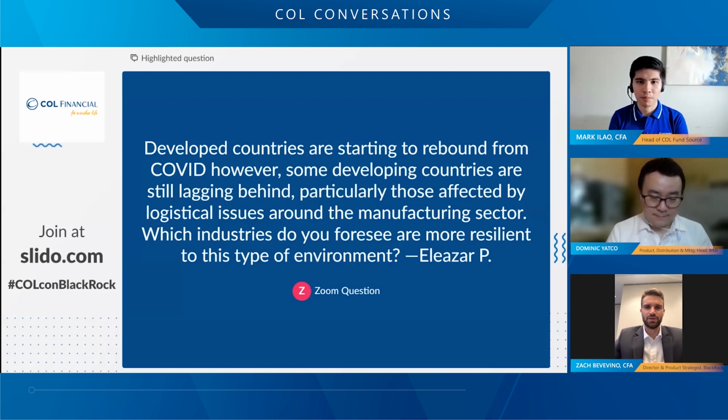Industries we foresee here, maybe a different way to phrase this that I think is a helpful one is when I think about last year, what worked really well was the virtual world. If you bought Zoom, as an example, as a company, it worked really well because everyone was doing things remotely, even though they're still doing that this year.